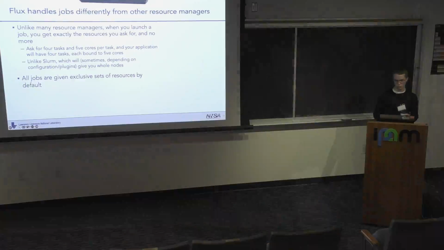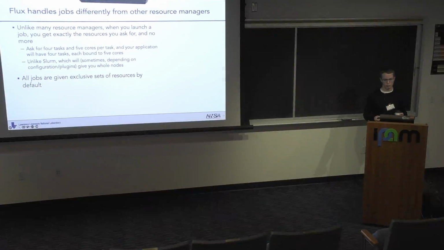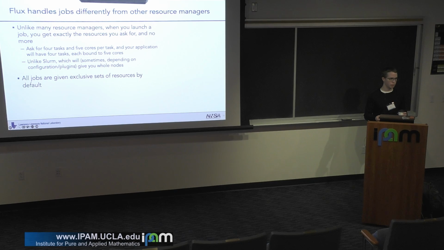There are a couple of workflow tools I know of at Livermore and elsewhere that used to implement their own schedulers to work around limitations of whatever resource managers they supported. Sometimes these workflow tools would explicitly specify the placement of jobs within an allocation to ensure that resources weren't oversubscribed. And frequently, they would have limits on the number of jobs they would run concurrently, again, in an effort to maintain exclusive resources.